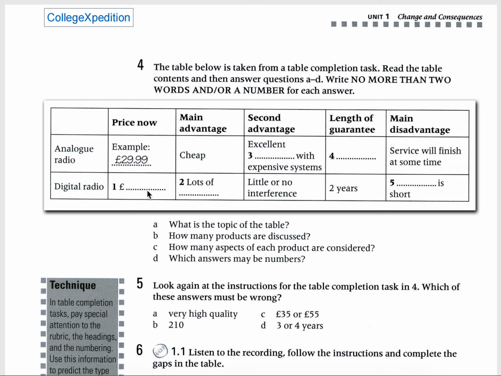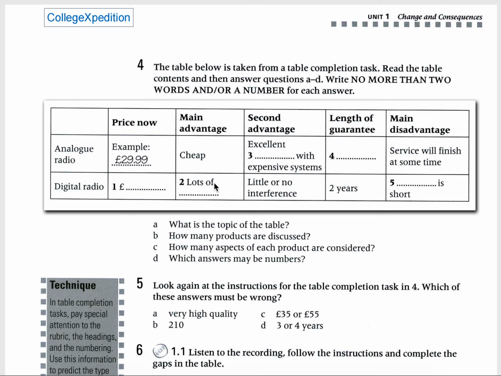How do you know the numbers? Because you know this is a symbol, as I said earlier, the pound, and then that means that you are expecting the numbers as well. But the number that you are expecting is from the digital radio, how much? So you are thinking of the price.